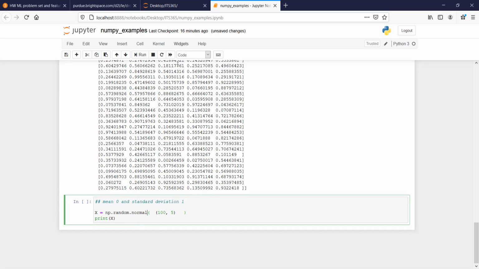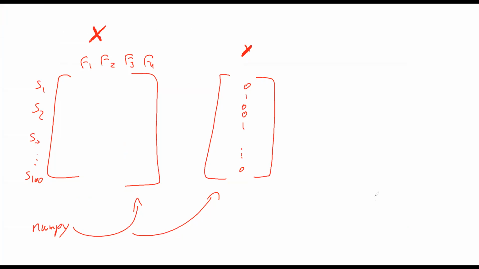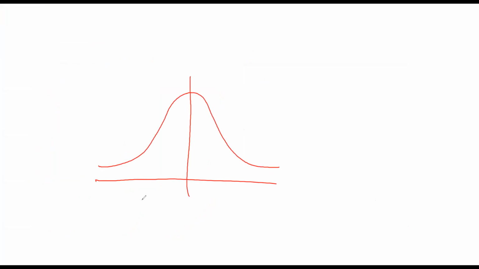Just to remind you, a normal distribution looks like this. Anyone remember what it looks like? Isn't it kind of bell-shaped? A bell shape. Very good. Excellent. So it looks like that. All your data follow this mean with some standard deviation over here.